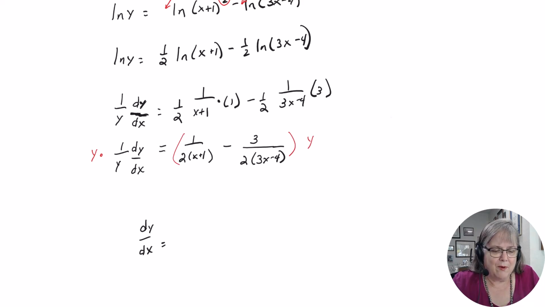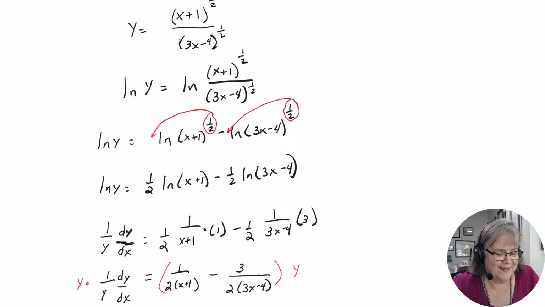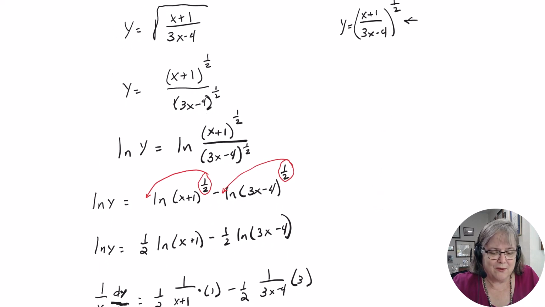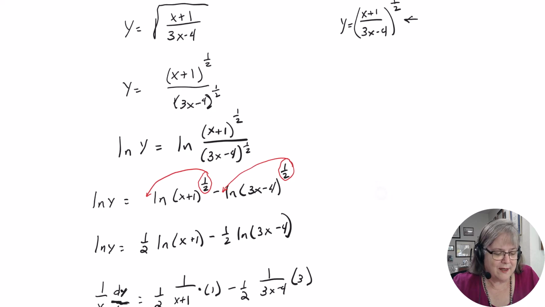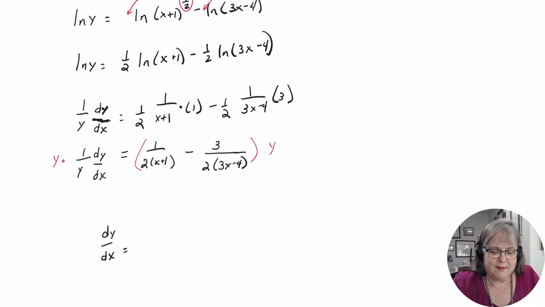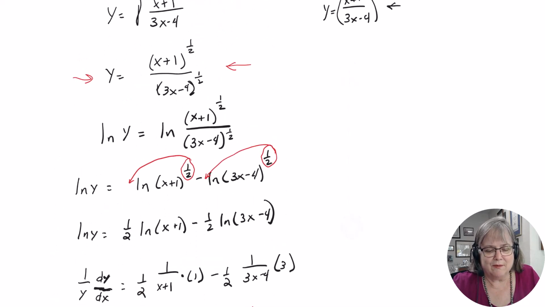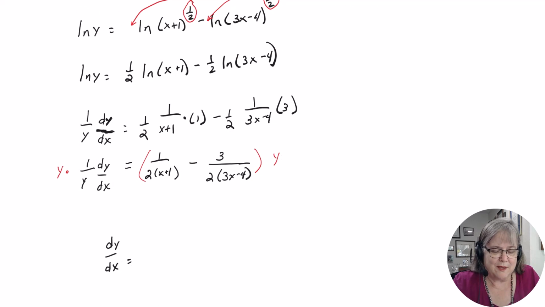And you're like, okay, what was y? So y up here is that square root of x plus 1 over 3x minus 4, or you could think of it as x plus 1 to the 1/2 over 3x minus 4 to the 1/2. So I'm going to use this version because it just sort of seems to fit more with what's going on with separating out the 3x minus 4s and so forth.